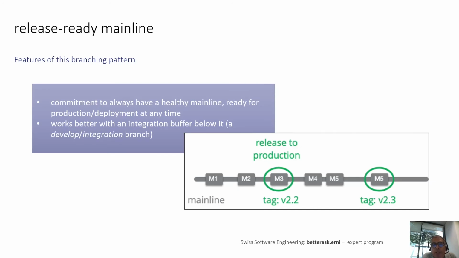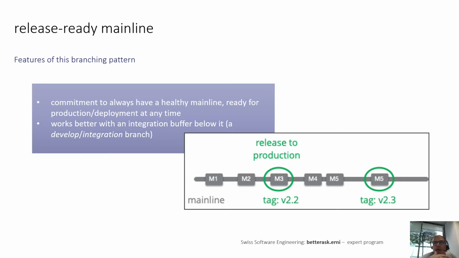Another pattern is what is called release ready. Basically, it says we need to make sure that our main line or our trunk is always ready for production. So no matter what, if we go to the main line and pick it, it works. Of course, this is an intention. It works better if below this main line you have a develop branch, so you can resolve the noise in the develop branch, and only when the develop branch is ready, you go into the main line.